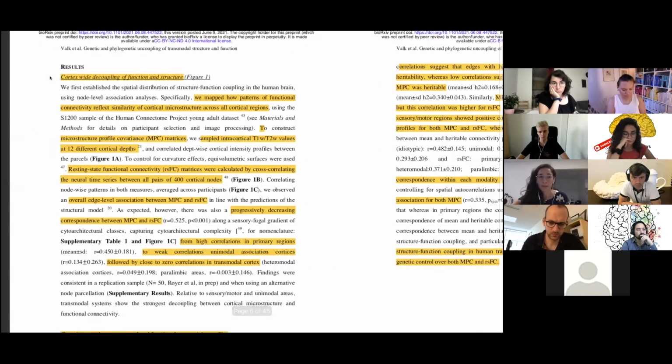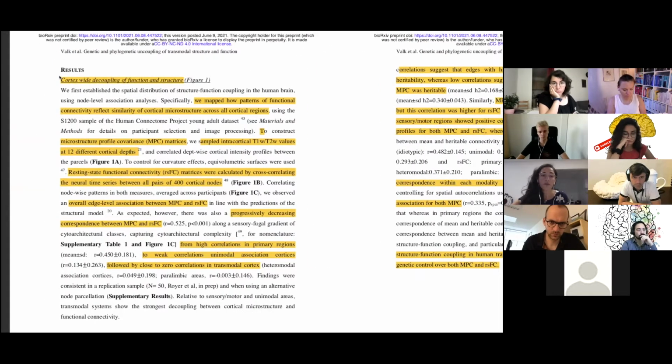The first step of the study, as I was saying before, is to observe the coupling between the function and the structure of transmodal and unimodal systems.